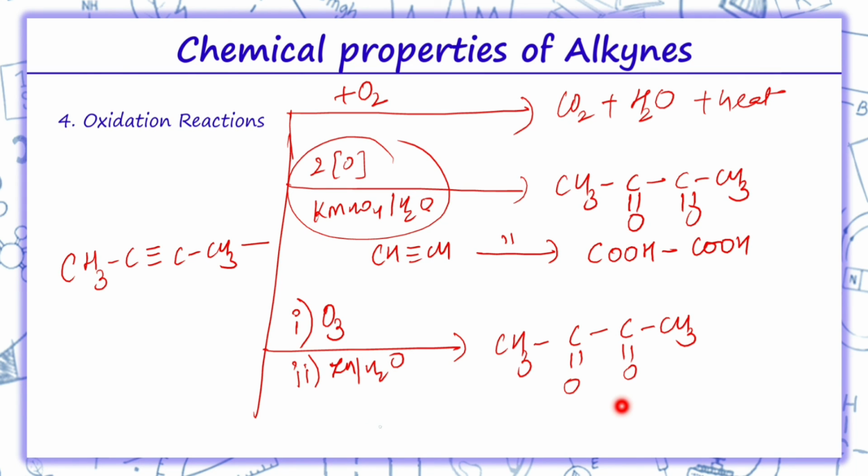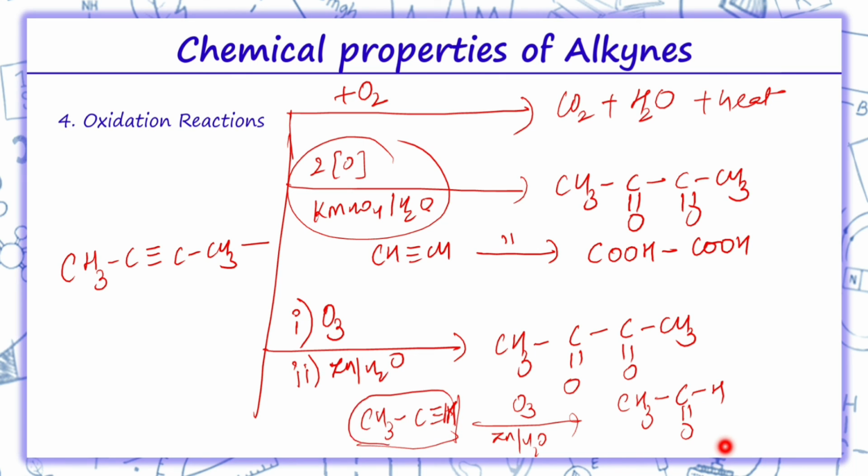But if terminal alkynes are there, like CH3 C triple bond H, the terminal group on ozonolysis gets converted into an aldehyde group. Thus, here we will get CH3 C double bond O H, that is, the aldehydic group. So, this was all about the chemical properties of alkynes.